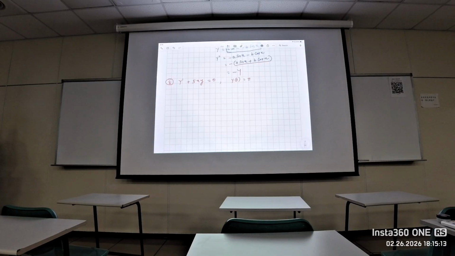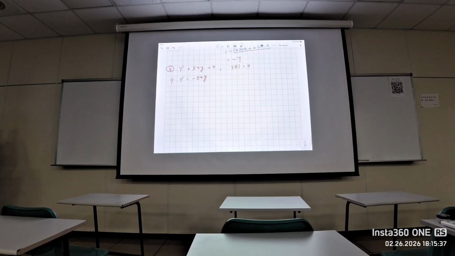So how to solve this one? First thing, start writing in the proper format. That means this is y dash is equal to minus 5xy. Then we try to separate the y on one side and the x on the other side.